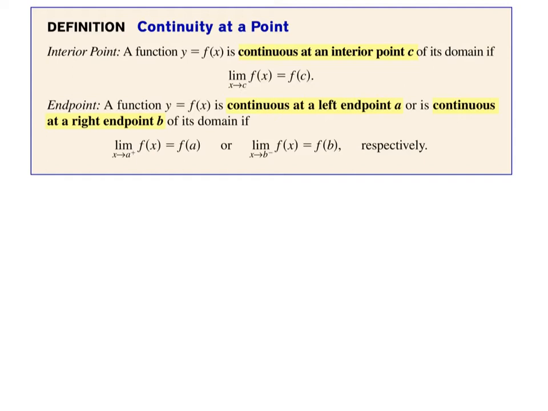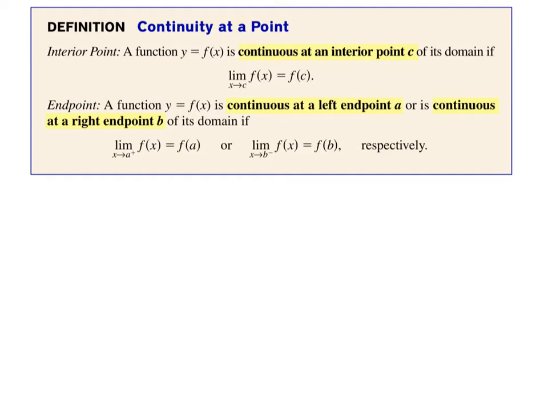Endpoints, though, at an endpoint, kind of like on the previous one, we were saying that it was continuous to that point, that -2. So that would be from the right. So that would be like this first definition. The limit of f of x as x goes to a from the right is equal to f of a, or all the way to the right on the last graph would be, we're coming in from the left side.